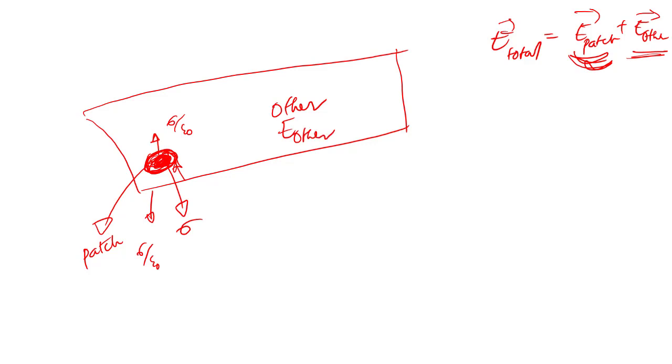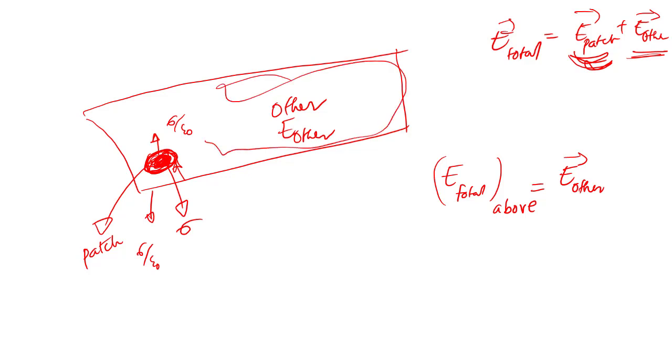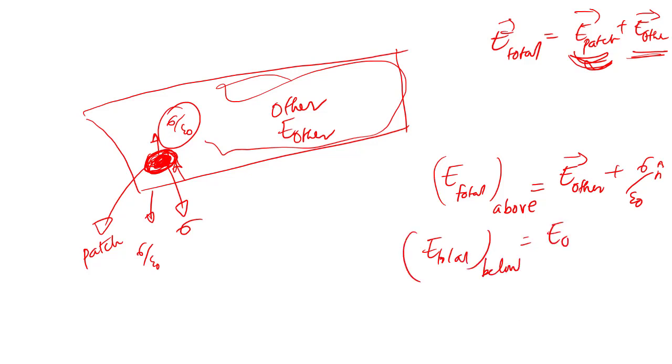So if I look at E total above the sheet, I have E coming from the rest of everything, E other, that is the rest of the sheet other than the patch, plus the patch electric field pointing up, sigma by epsilon naught. If I look at E total below, then it is E other minus sigma by epsilon naught.